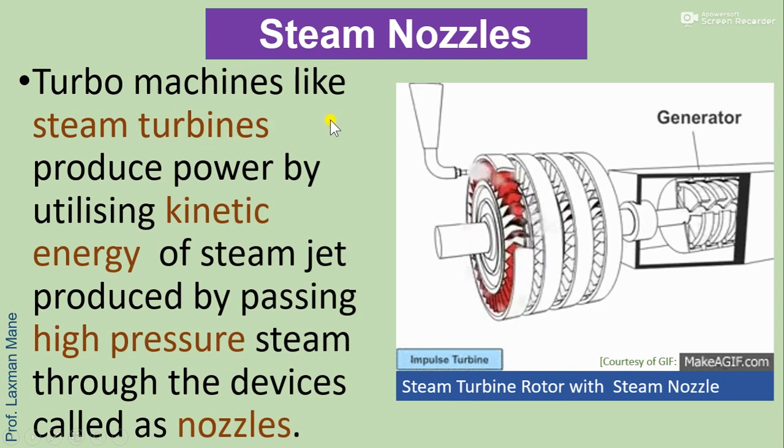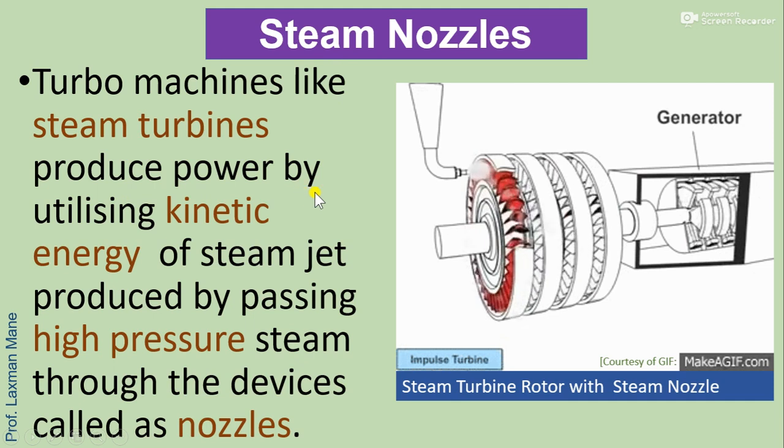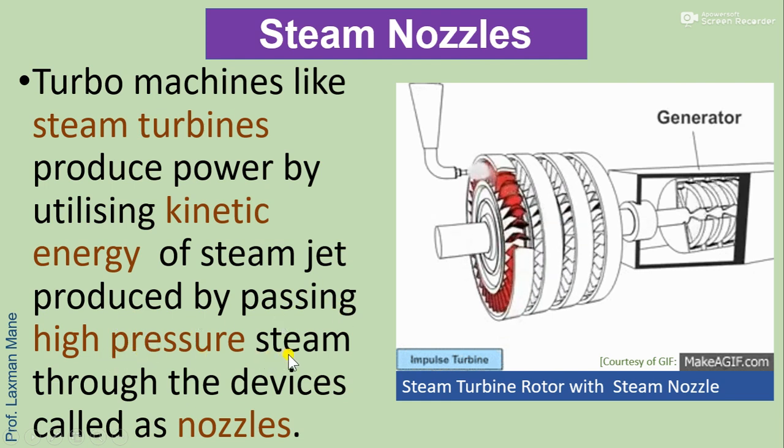Turbo machines like steam turbines produce power by utilizing the kinetic energy of a steam jet produced by passing high pressure steam through devices called nozzles.